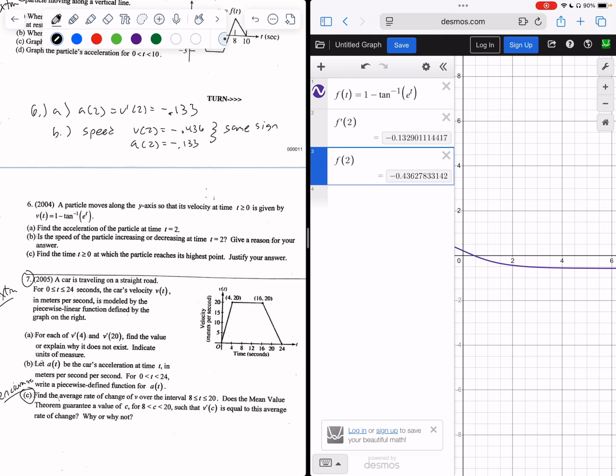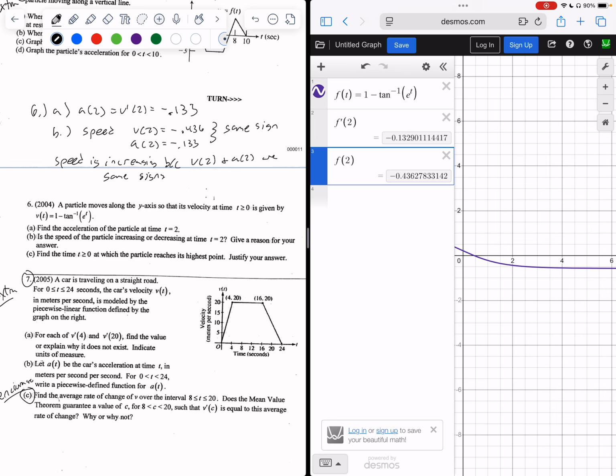Remember, to speed up, your velocity and your acceleration have to be the same signs, or same direction. So the speed is increasing. Let's use the language they use. Because the velocity at 2 and the acceleration at 2 are the same signs right there.